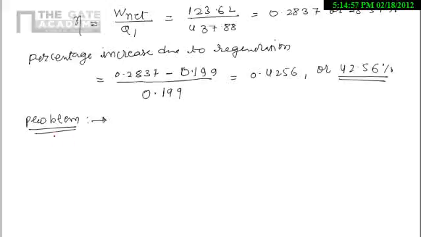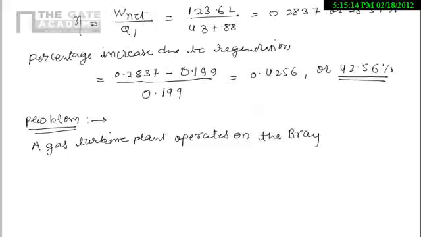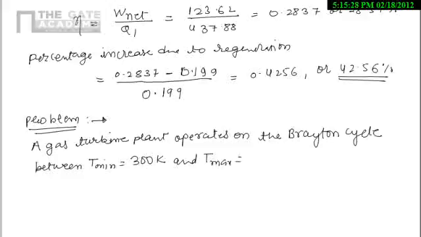A gas turbine plant operates on the Brayton cycle between T minimum, that is 300 Kelvin, and T max, that is 1073 Kelvin.